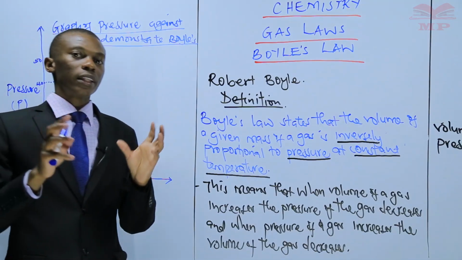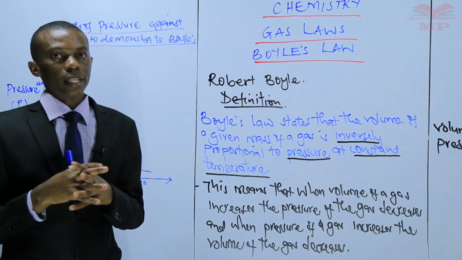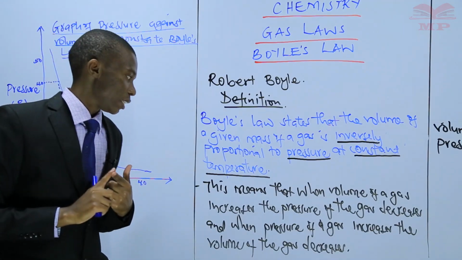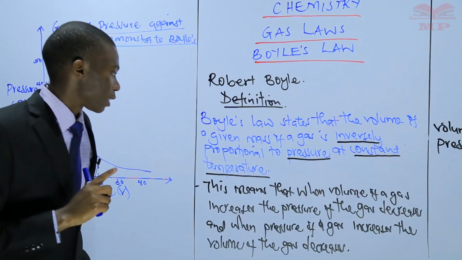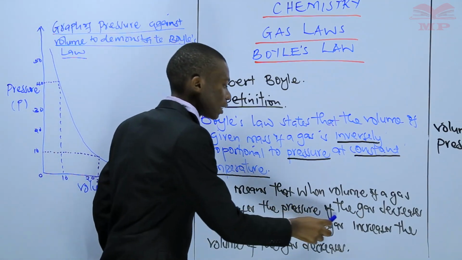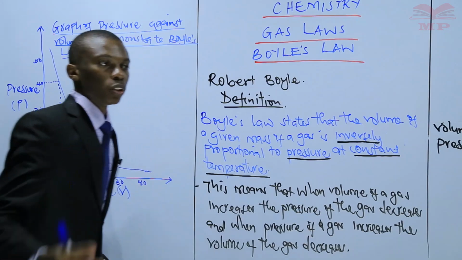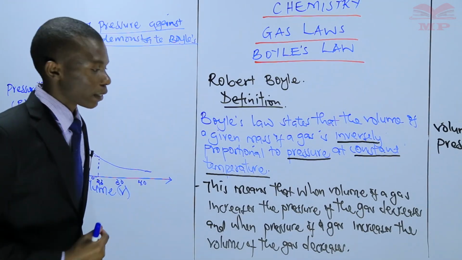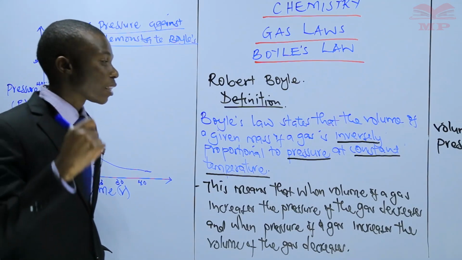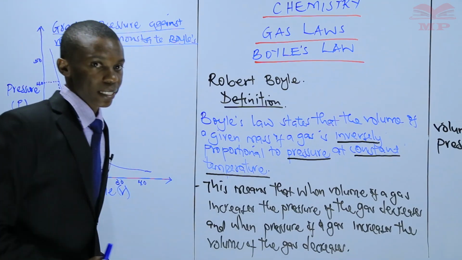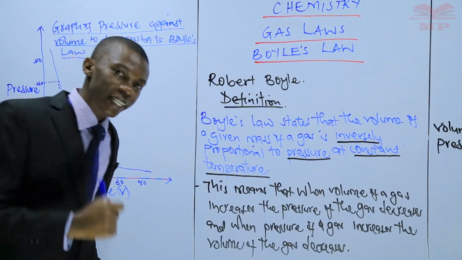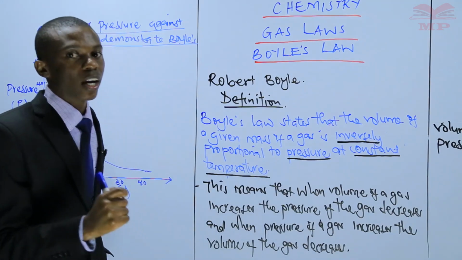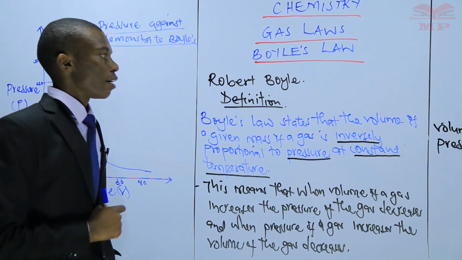The simple way of illustrating this is that when volume increases, you expect the pressure of the gas inside a certain container or vessel to decrease, and when pressure increases, you expect the volume to decrease in that container or vessel.